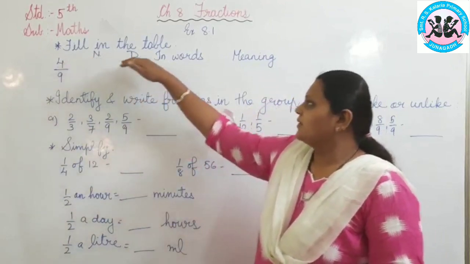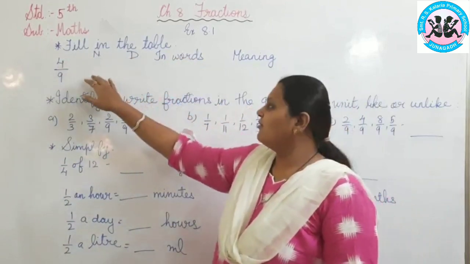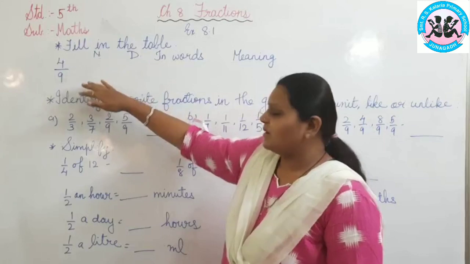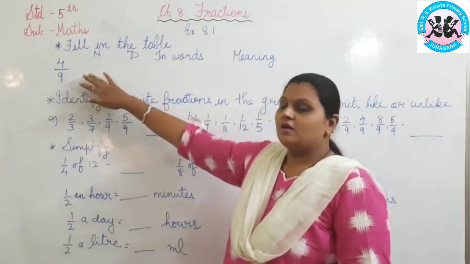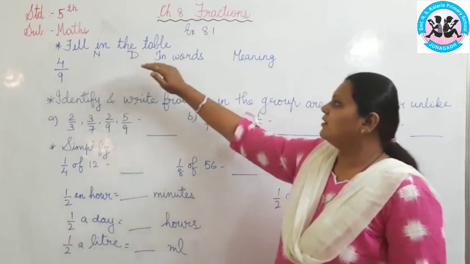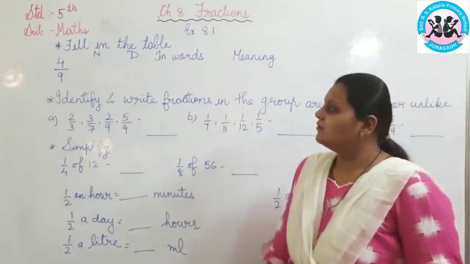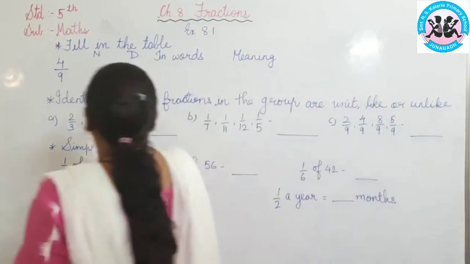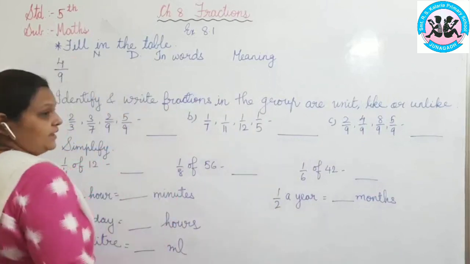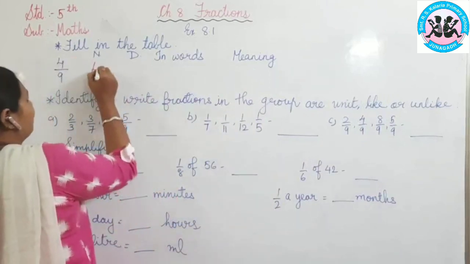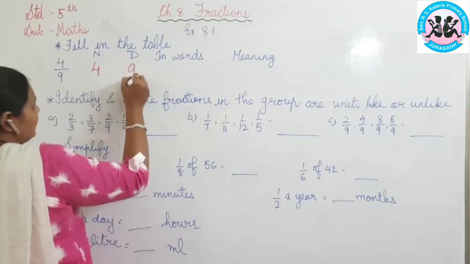First is fill in the table. In this table, we have to fill up the information of given fraction. We have to write numerator, denominator, fraction in words and the meaning of that fraction. Here, question is 4 upon 9. So, numerator is 4, denominator is 9.